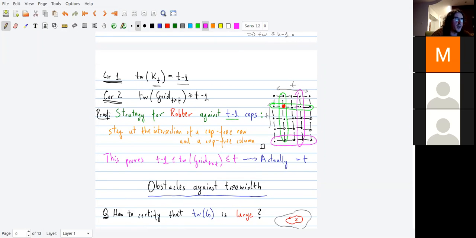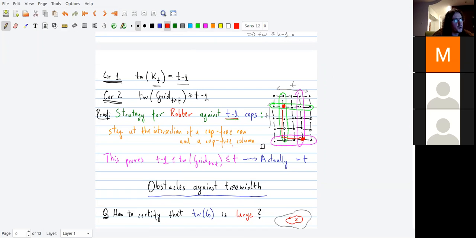Those green ones are free because they were free before, and the pink ones are free because they will be free after landing, right? So at this point, the robber can freely move to the new intersection of a free column and a free row. So this gives you a strategy for a robber against t minus 1 cops.